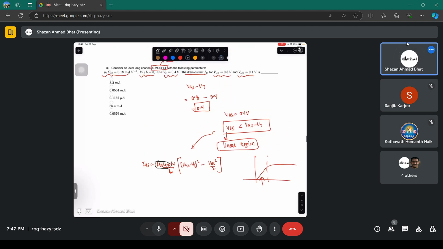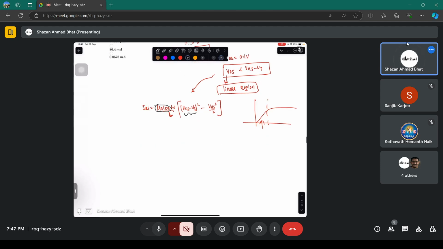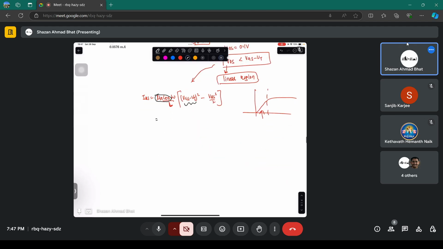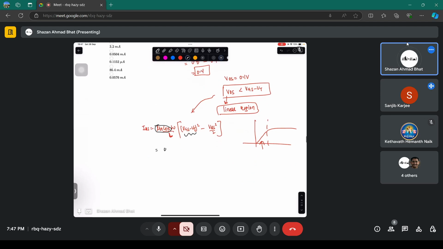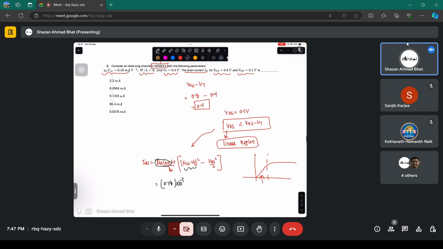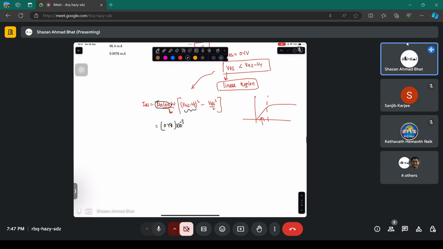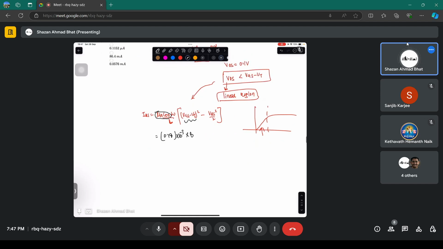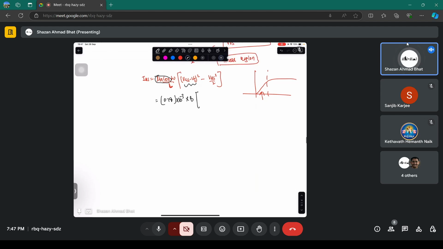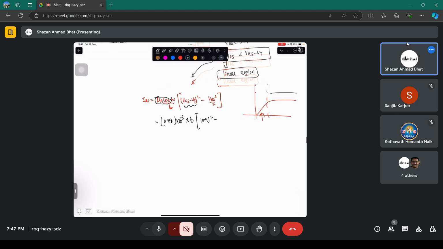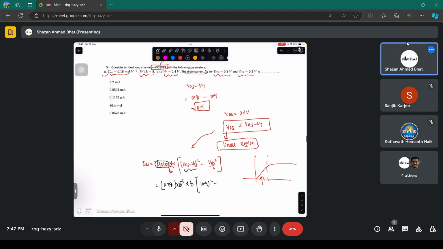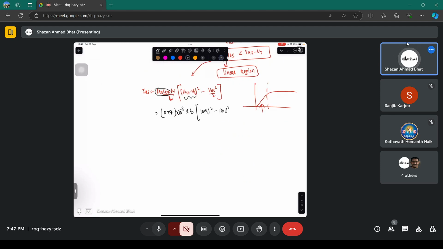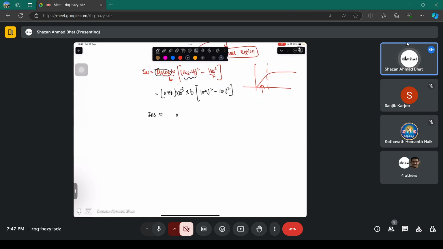W by L is given, this thing has been given, and VDS is also given. You get 0.18 into 10 to the power minus 3, because mu and Cox is in milliamps. W by L is 8. VGS minus VT you computed, that is 0.4. VDS is 0.1, that means 0.1 square. You compute this, you get the drain to source current as approximately 0.050 milliamps.